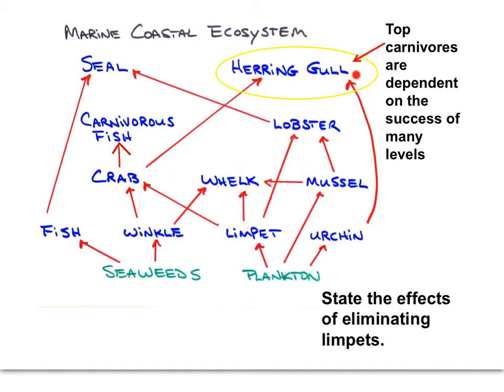The top level consumers are really dependent on the success of the levels below them. And this is one reason why the top carnivores are more vulnerable to disturbance than other trophic levels. For example, if limpets were removed from the system, the trophic levels above would do less well. On the other hand, the producers on which the limpets feed would fare better.